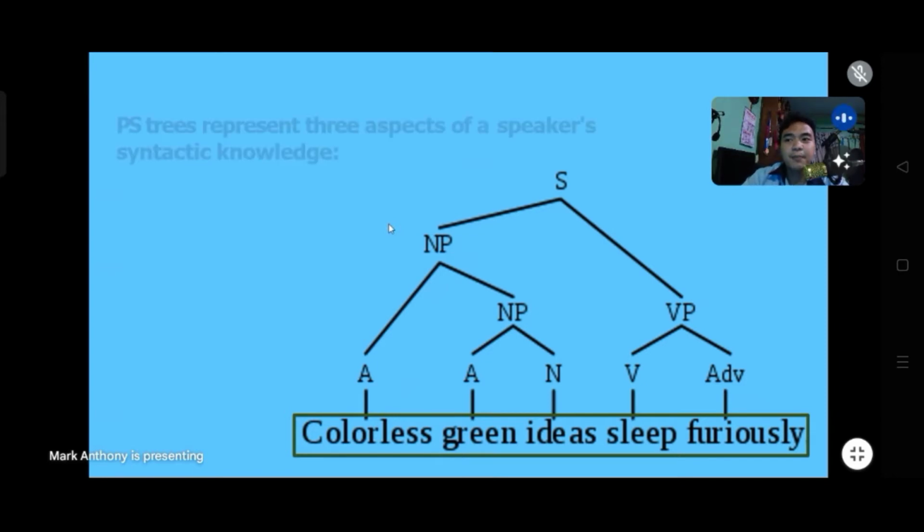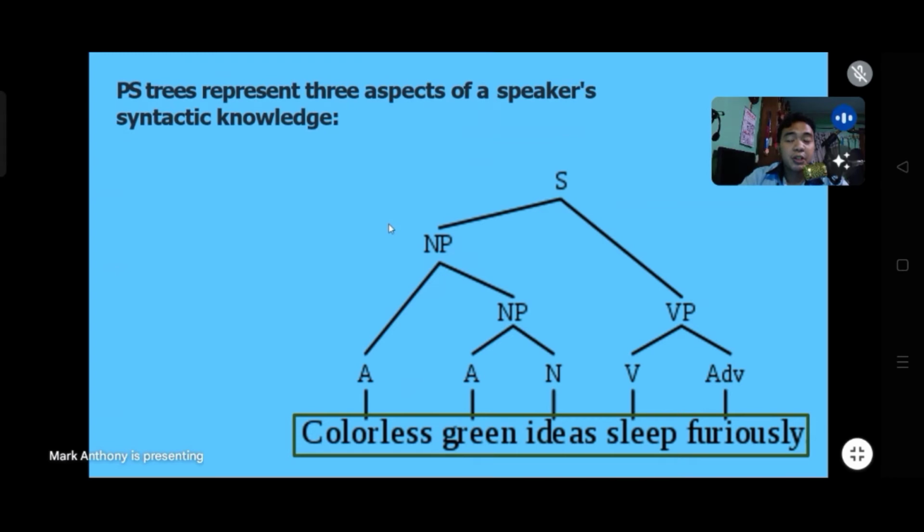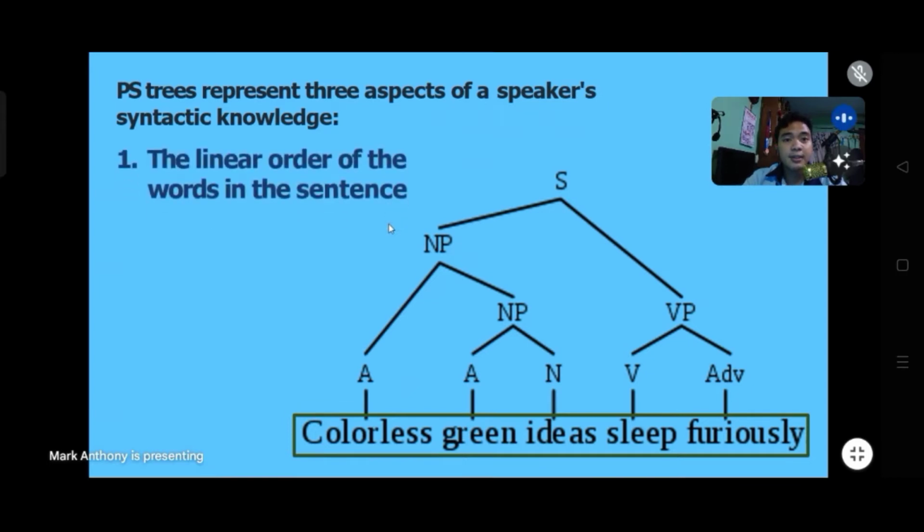So actually, a phrase structure tree represents three aspects of a speaker's syntactic knowledge. Number one is the linear order of the words in the sentence. As you can see here inside the green box, that is the linear order of the words in the sentence.